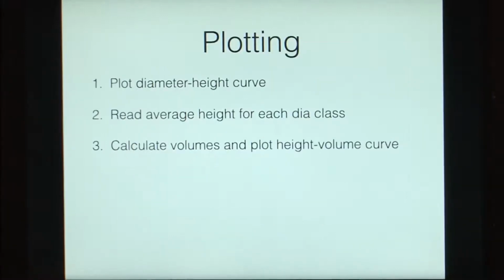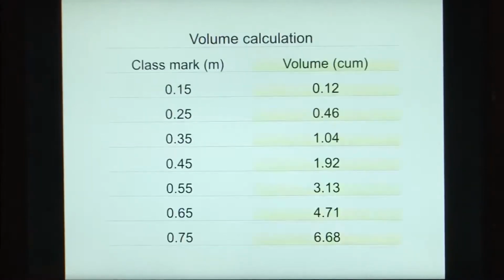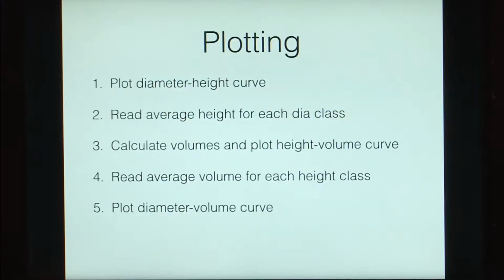Then you are going to calculate the volumes and plot the height versus volume curve. For each class we can calculate the volume: if we have the class mark, and if we know the form factors and the heights, we can find out the volumes. Once we have calculated the volumes, we can plot the height versus volume curve.